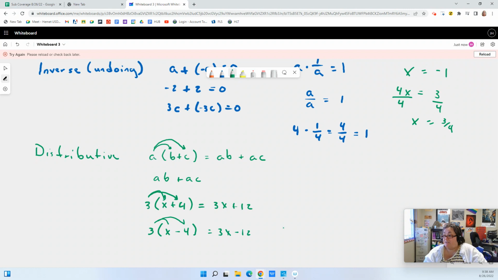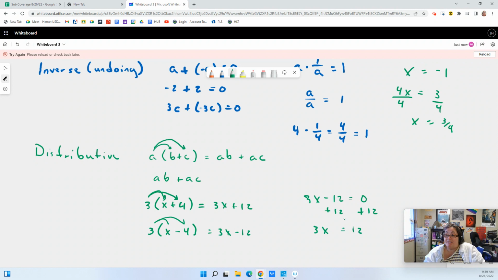And then, if we needed to solve for x, if we had 3x minus 12 and it was set equal to 0, then you're going to do the inverse operations to get x by itself, right? You'd add 12 to both sides, and you'd have 3x equals 12.